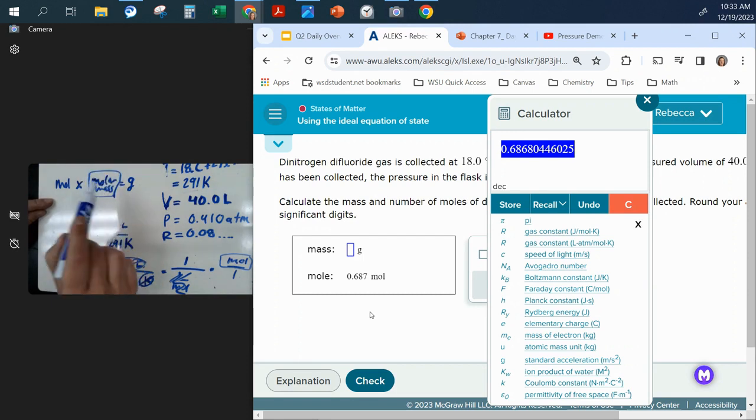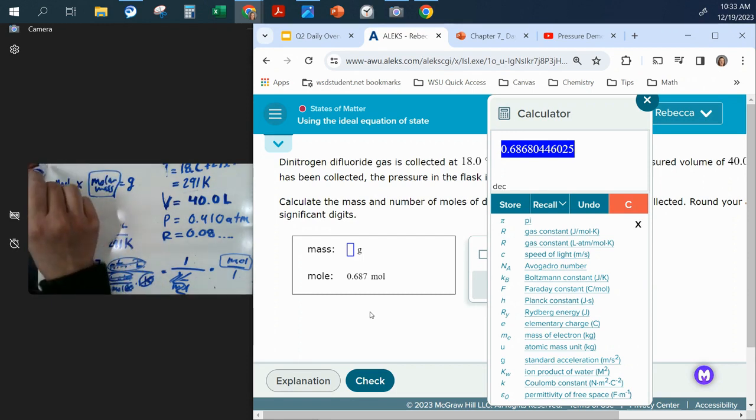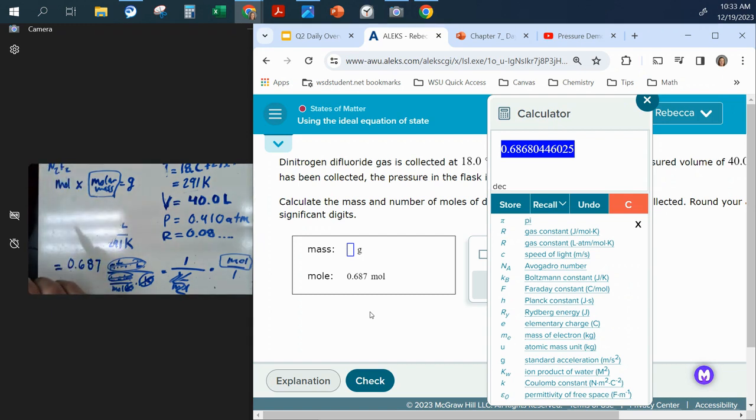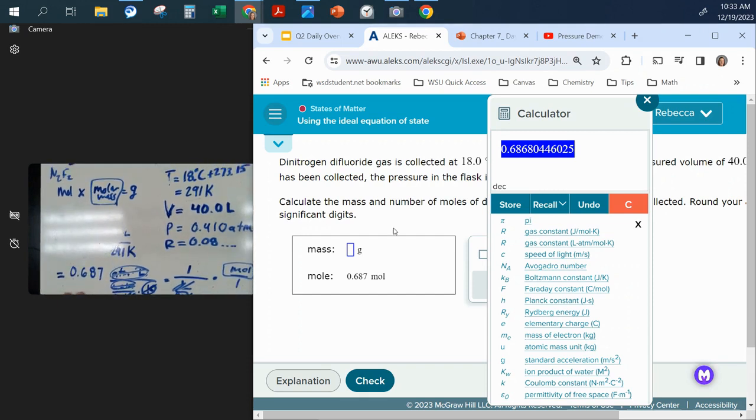Okay. So what was the molar mass? Do you remember how to do that? This was N2F2. You remember that? Okay. So we just add 2 nitrogens and 2 fluorines for this compound. That's the molar mass for this. Okay, so I'm going to just use my full number.